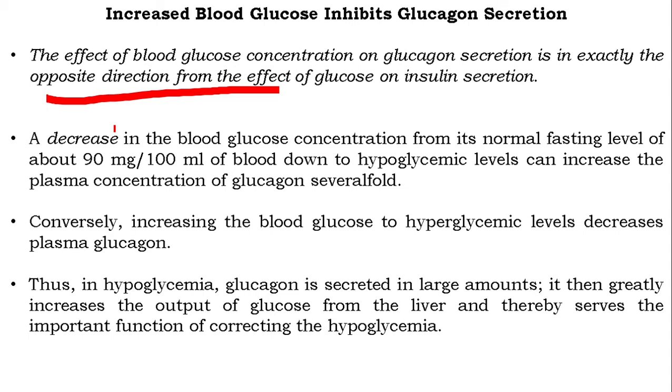And 90 milligram of glucose per 100 ml of blood is actually the minimum permitted level of glucose concentration in the blood. Once the glucose concentration falls to that value, it can trigger the production of glucagon hormone. The opposite also is true. Once the glucose concentration rises above 120 milligram per 100 ml, naturally it may shut down glucagon production.